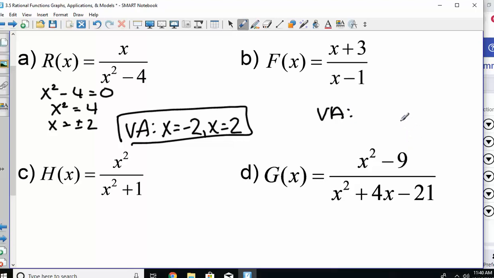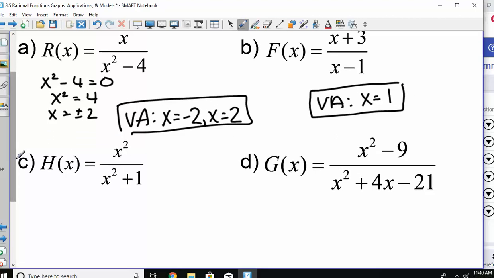B, what would be our vertical asymptote? x equals 1. I do expect equations for these because they are lines, so you need to have the x equals when you write them.